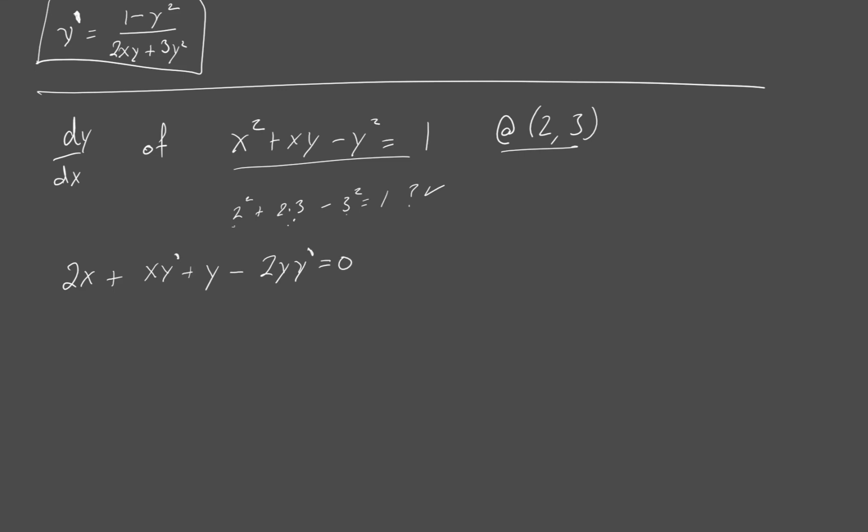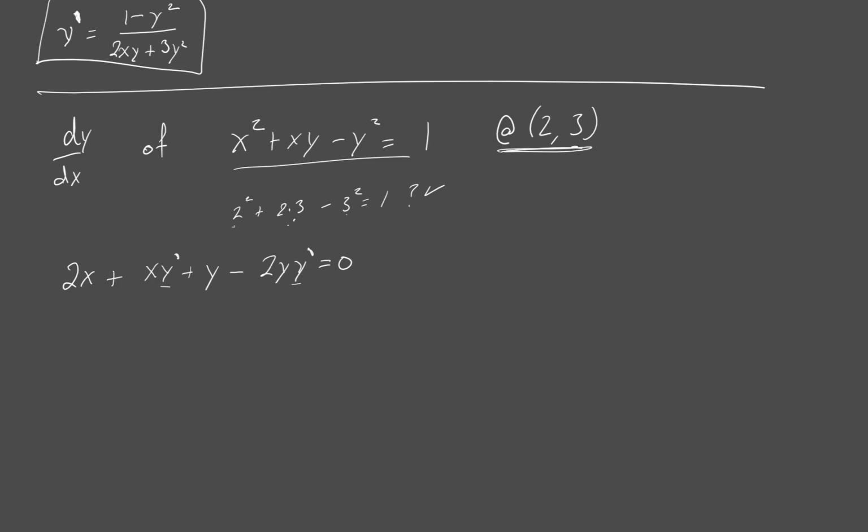Okay, I could isolate y prime and solve this and divide and do all that algebra, but I'm just asked to find this at 2, 3. So instead of doing the algebra and carrying around the x's and the y's, I'm going to put in the numbers, and then I can just do arithmetic and solve for y prime in a linear function, which is going to be really nice for us.